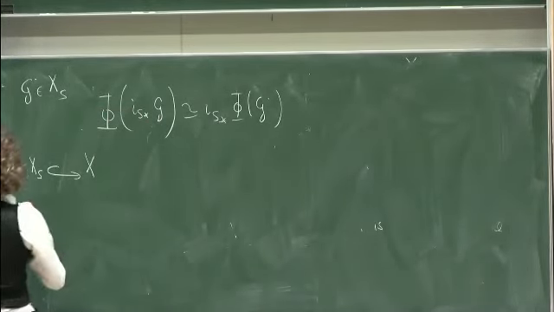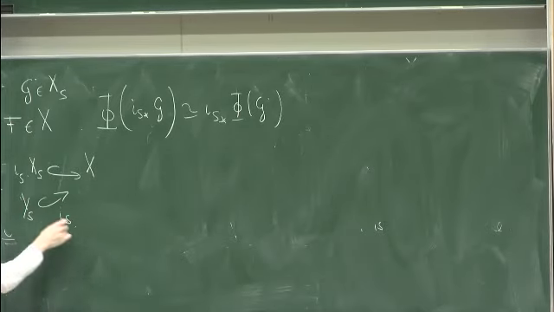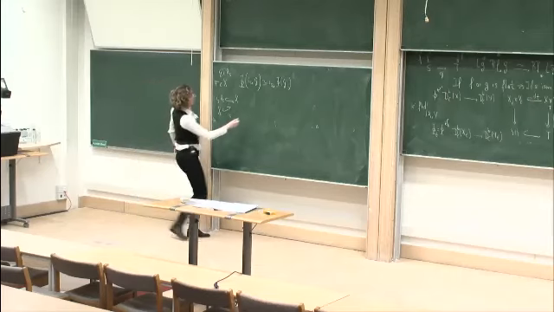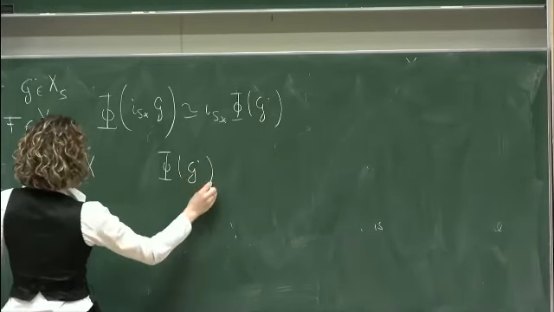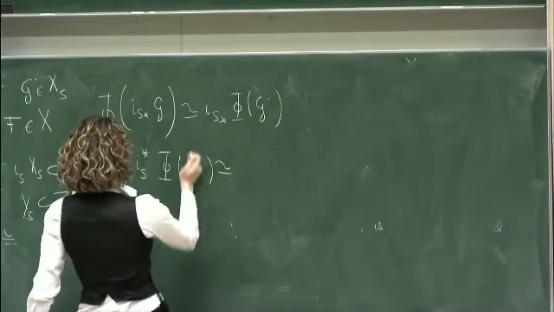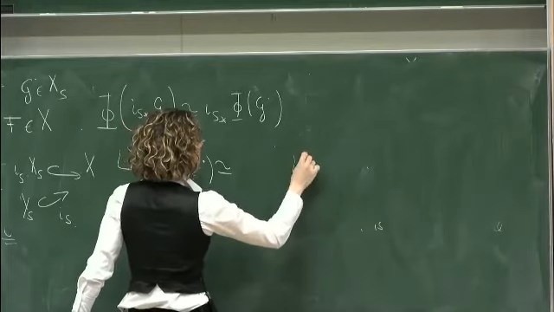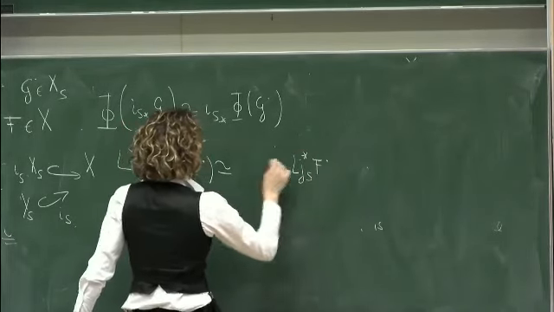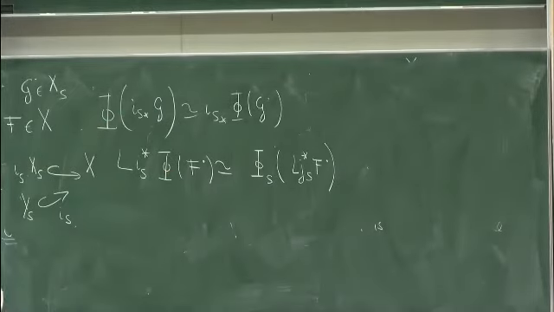I mean, you have F on X, both denoted by the symbol i_s, okay? Then you have Phi of G, then you restrict to the fiber. This is the same as restricting the complex first and then applying the functor between the fibers. Okay?